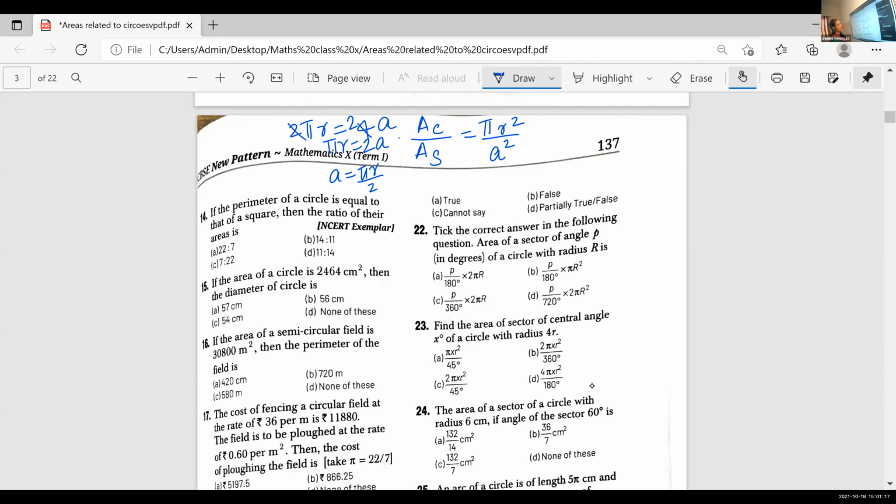What is the answer, Nasparveen? 11:14. Yes. Is it 11:14? Okay, both the options are given there. 11:14 is there, 14:11 is there.